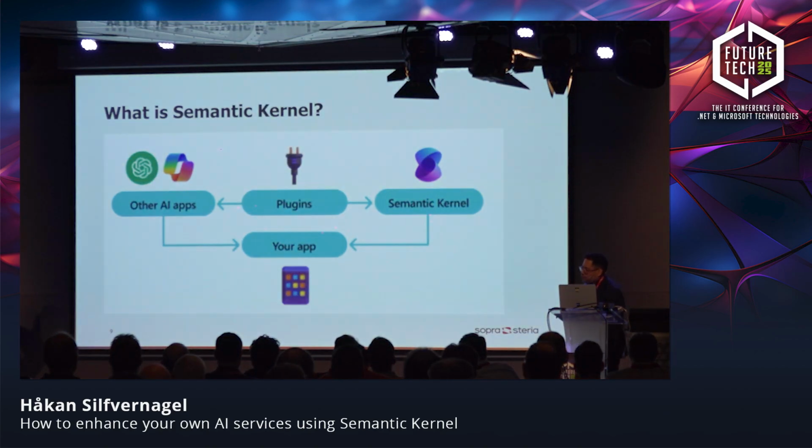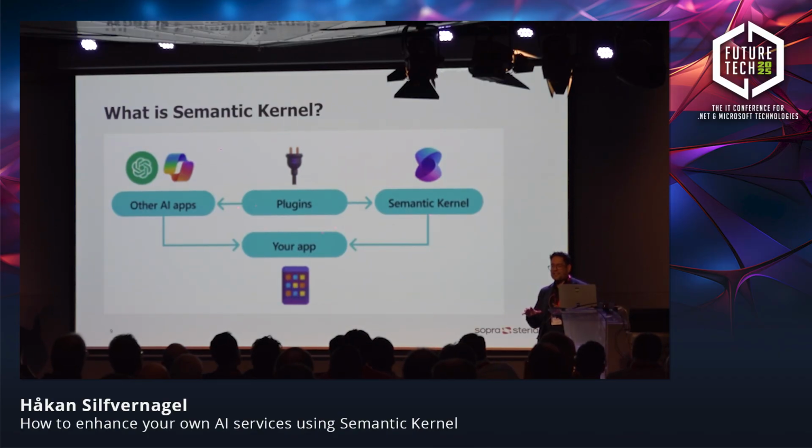One of the frameworks that we can use for creating this type of agents is called Semantic Kernel. Semantic Kernel is an open source framework, and we can say that it is like a middleware that sits between your application code and the language models.